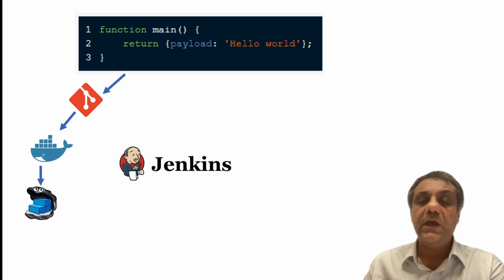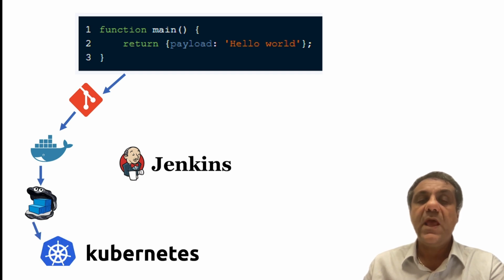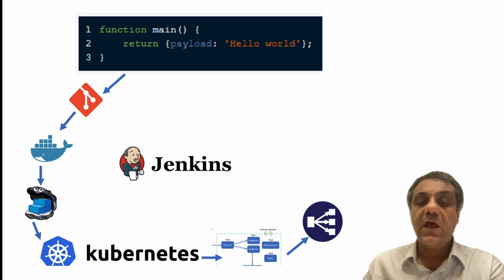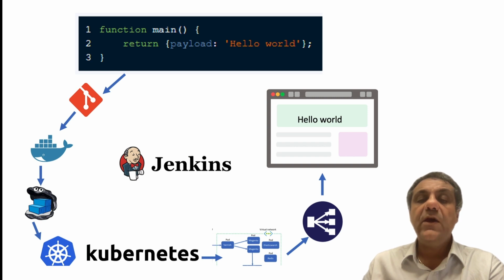You will store your Docker image in a Docker registry. At this stage you can take the Docker image and deploy it in Kubernetes. You will have to use Kubernetes configurations that can be quite complex to build an architecture. Then, you will ask a cloud provider for a load balancer. Finally, you can see your application up and running.